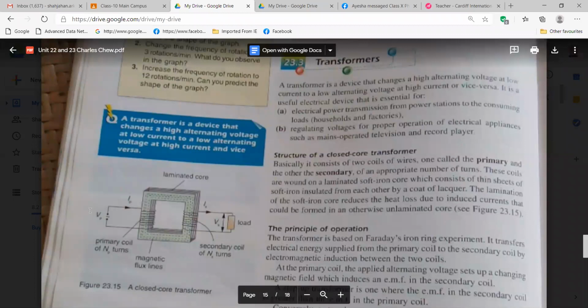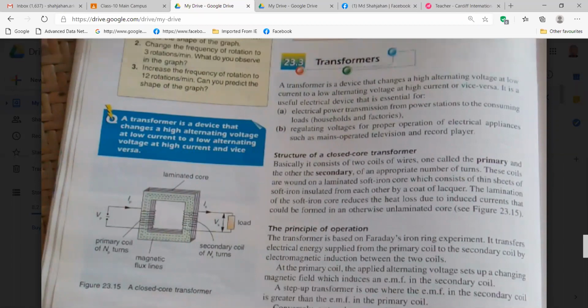We are giving the voltage here in VP. This is the power supply from the grid line. Then in our house, we are getting VS. It is done by the number of turns. You see the secondary coil, if the number of turns are less, according to the basic theory at the beginning of this topic, we get less induced EMF.